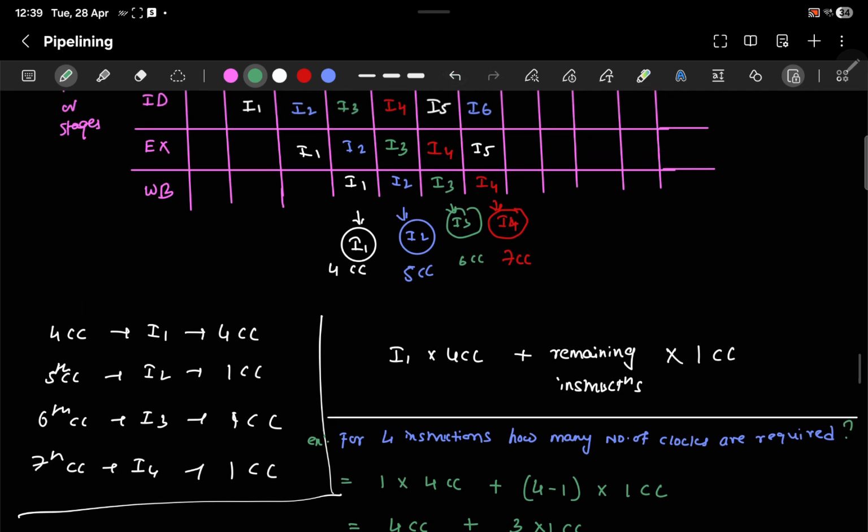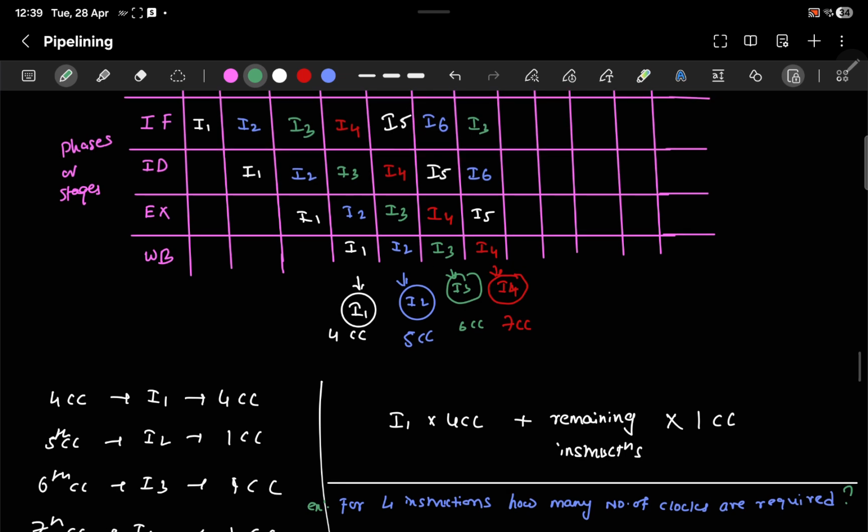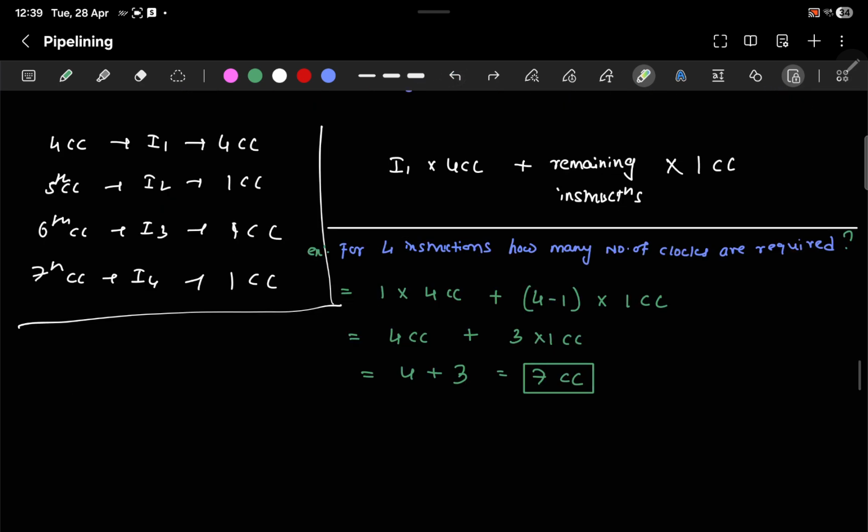So for 4 instructions, it will take 7 clock cycles to complete its execution, right? So this formula is on the basis of pipelining. If you are considering pipelining, then this is the formula which is valid.